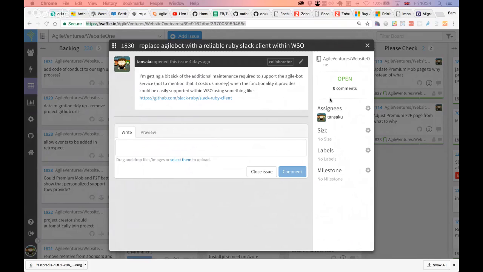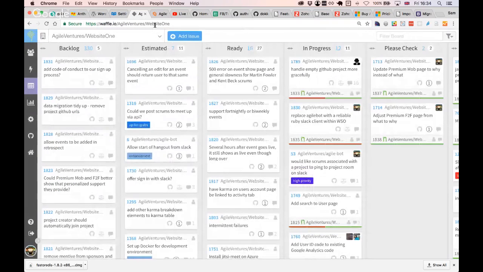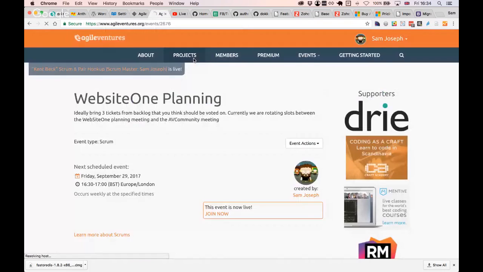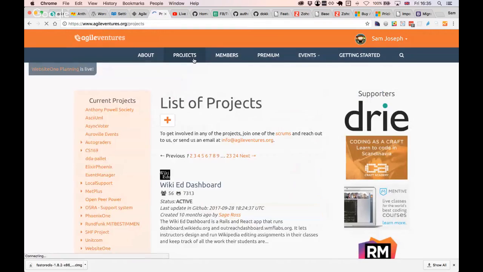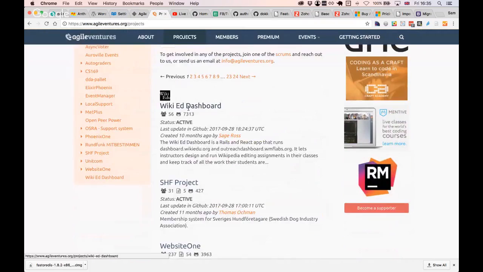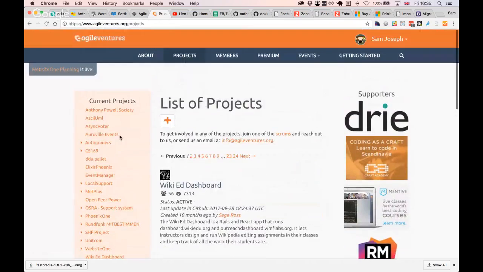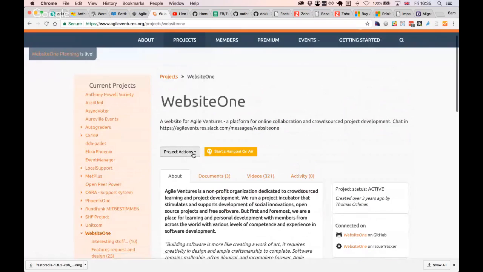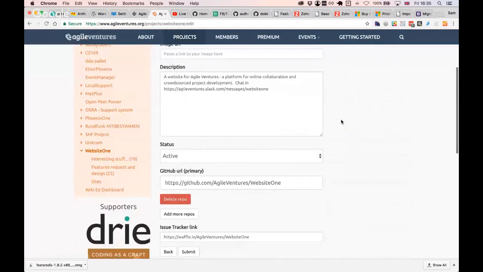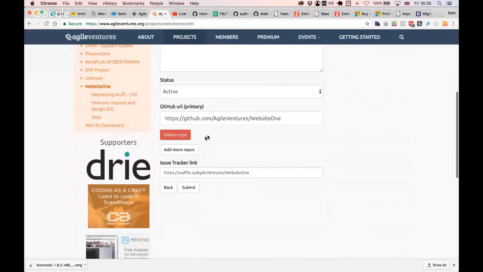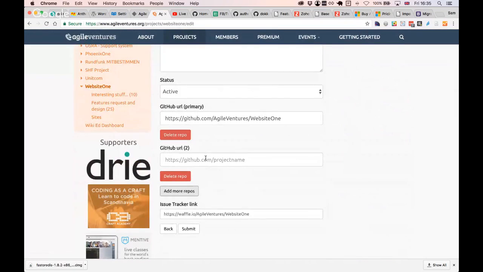One of the main things for website one is that we've got it set up now so that we can associate multiple repos with individual projects. And that was quite a pleasant experience for most of last week, using the Cocoon gem and various other bits and pieces.